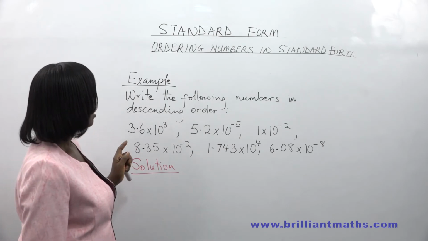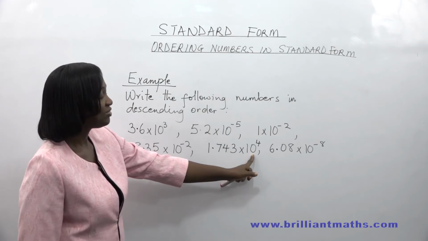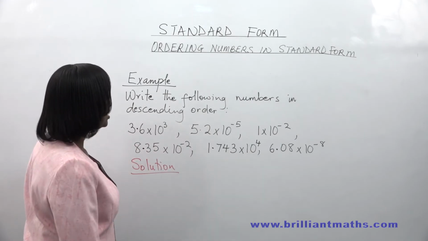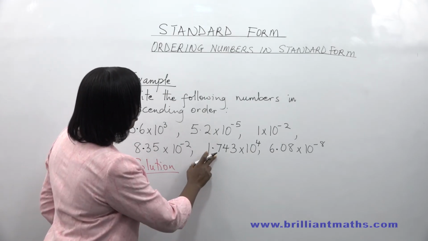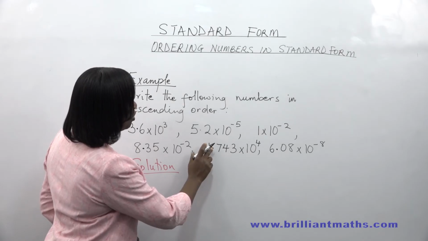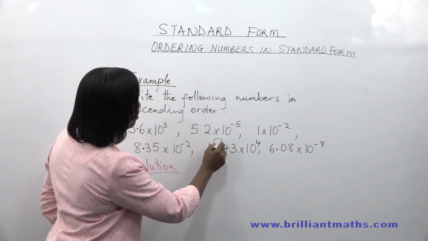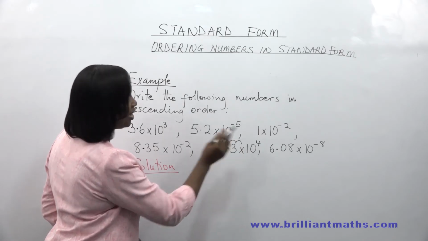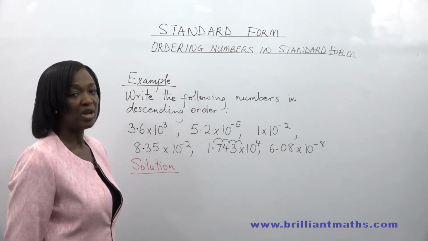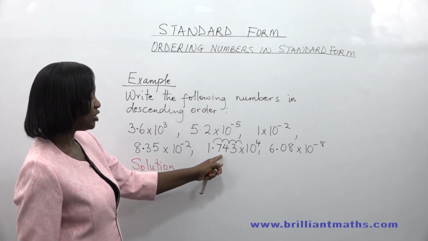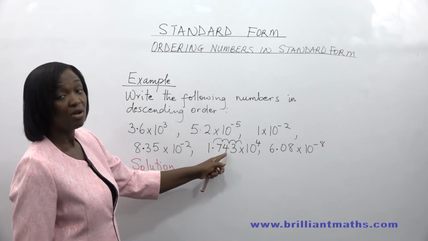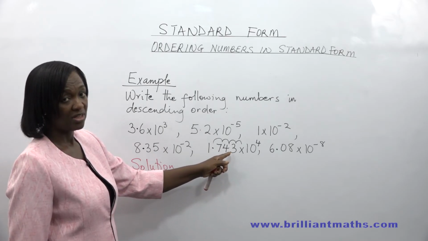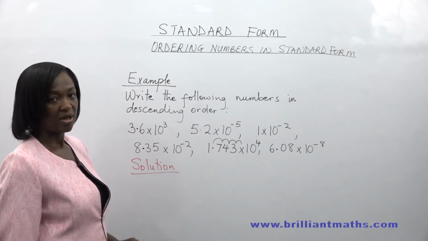But this is to the power 4. That means that the number is actually going to have a zero loop here with an additional 0. So that number is going to be 17,430. So that's the bigger number.